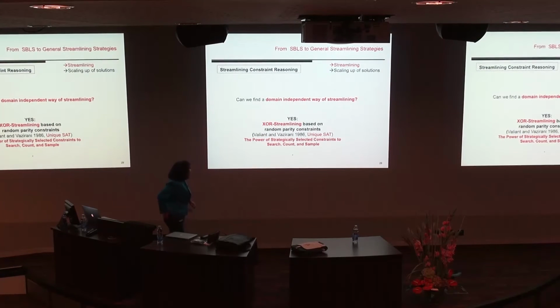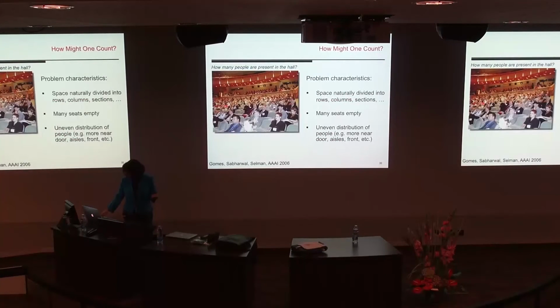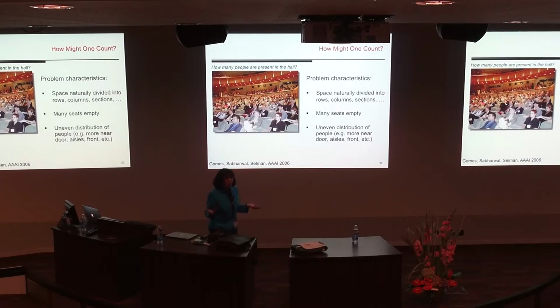And so we thought, oh, maybe we can use these parity constraints to do automatic streamlining for us. But again, this only happened because we had created this idea of streamlining reasoning. So I'm going to give you just an intuition of what we mean by XOR streamlining.